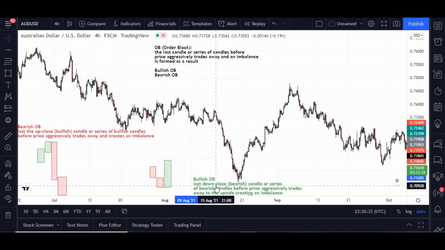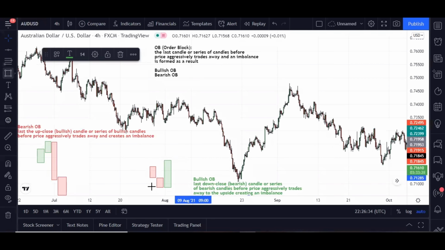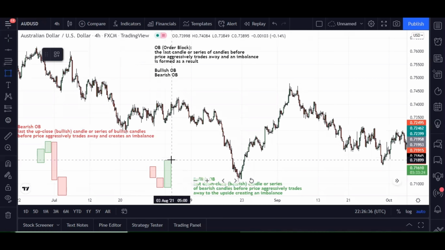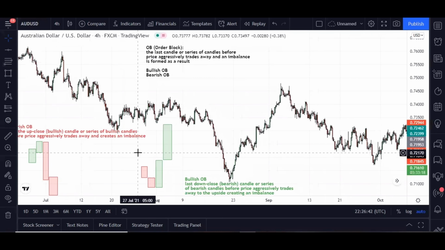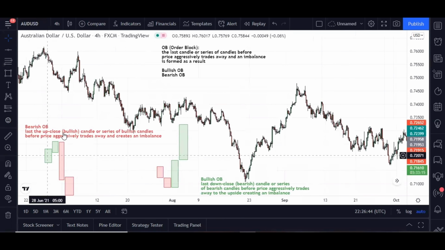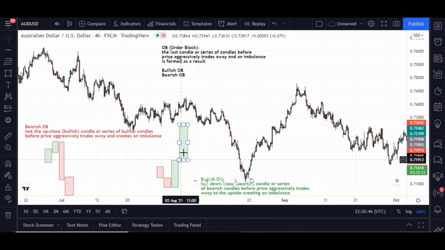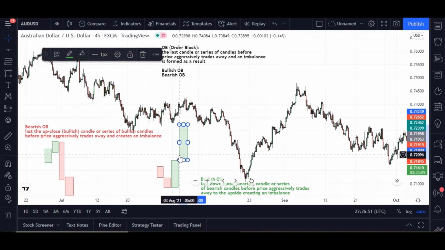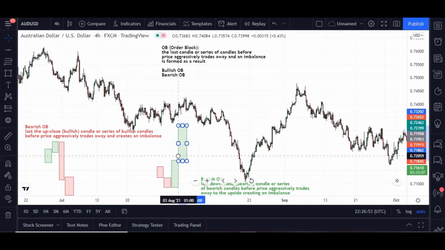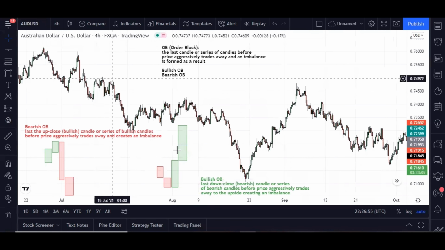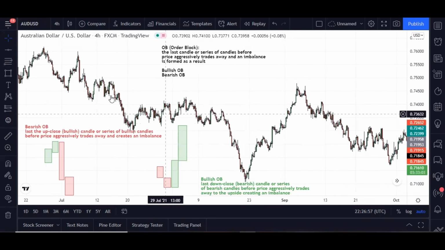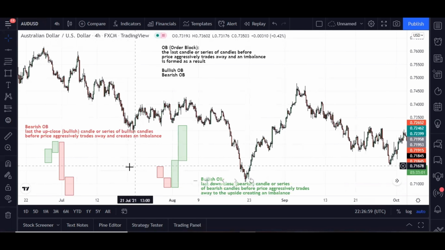Gonna move bullish order block over here. Then we continue to see something like this. So now that we have a depiction of what a bearish order block looks like and what a bullish order block looks like, we'll be able to know what to look for when we want to see it plotted on a live price action chart.